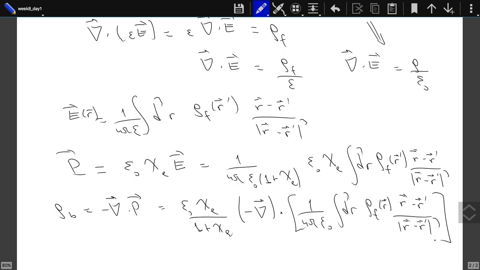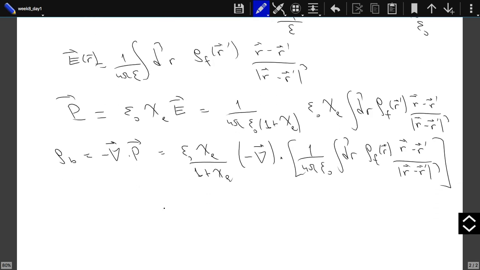But now this integral over here basically is exactly the electric field that this free charge distribution only will create. We know the divergence of an electric field is equal to the charge density divided by epsilon 0. This is equal to epsilon 0 chi e over 1 plus chi e, minus rho f over epsilon 0.